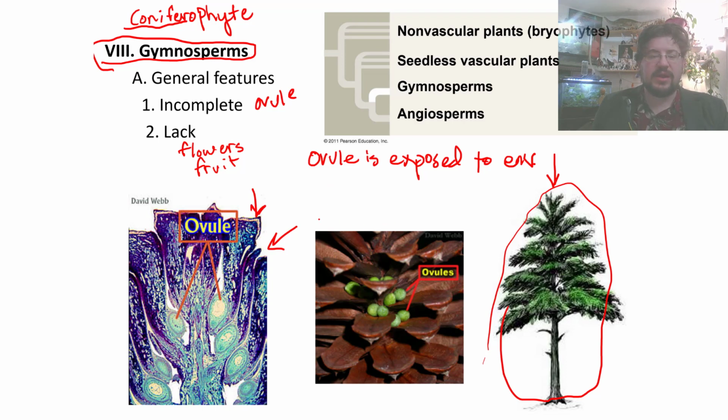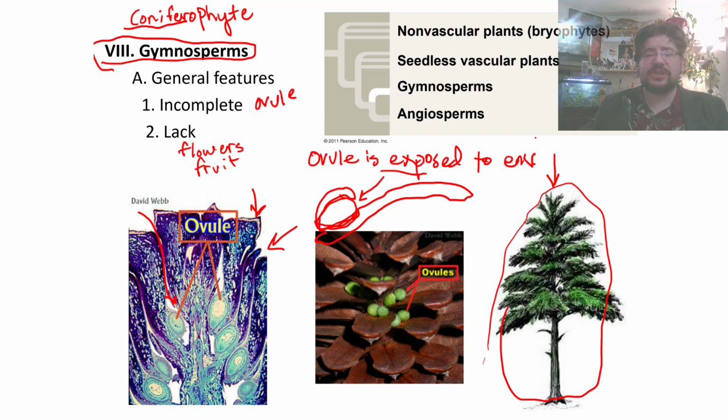The ovule is located on a scale. So the integument partially surrounds the ovule that is situated on a scale. And thus, this portion of the ovule is exposed to the environment. Okay? If you wanted to take a peek, you can see in this slide, we can reach the ovule.